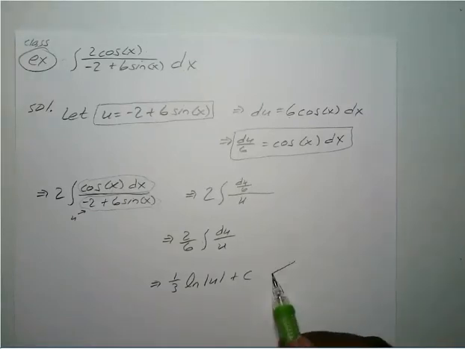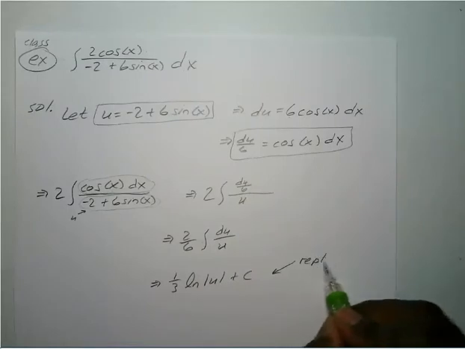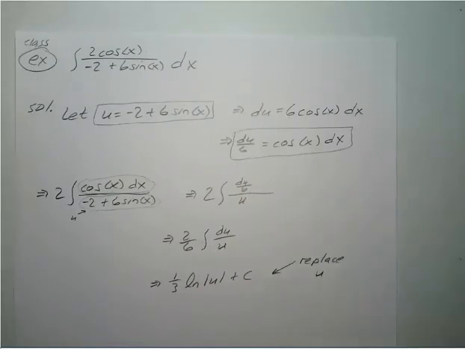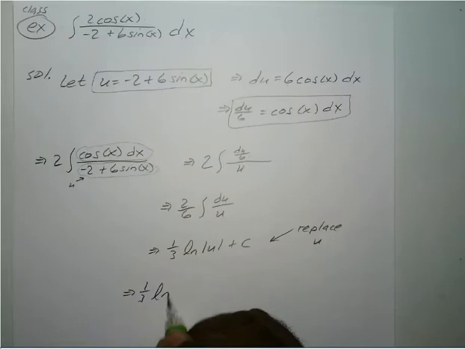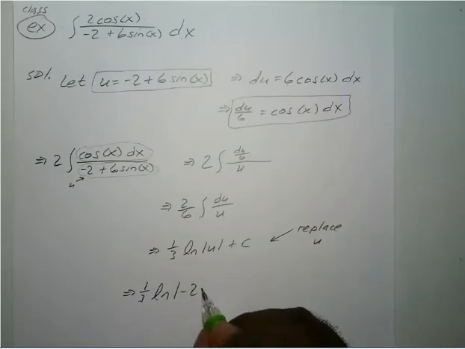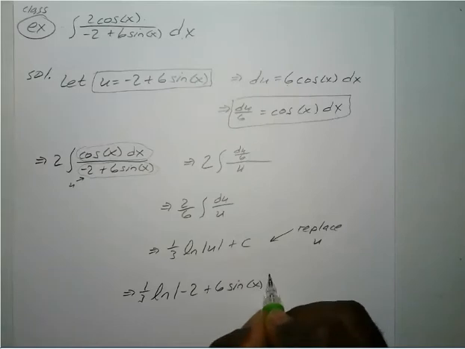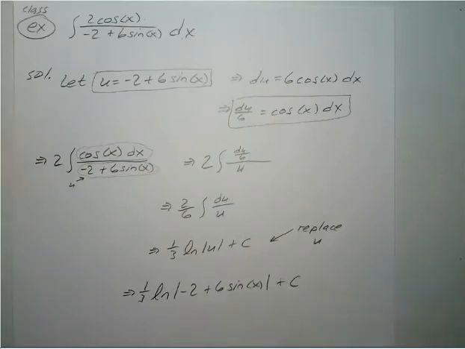From there, we replace our u, and that will give us 1/3 natural log of the absolute value of negative 2 plus 6 sine of x plus c.